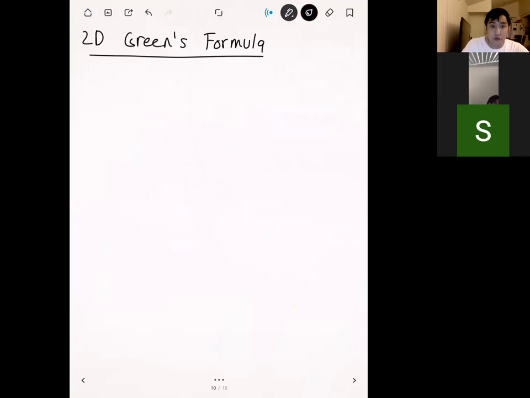Okay, and so let me give you the 2-dimensional version of Green's formula. It's going to look very similar to the 3-dimensional version, except the number of integrals is going to go down. All right, so first we have the left-hand side, and on the left-hand side we have W, Laplacian of T, dA. Since we're in 2D, our integral becomes an area integral.